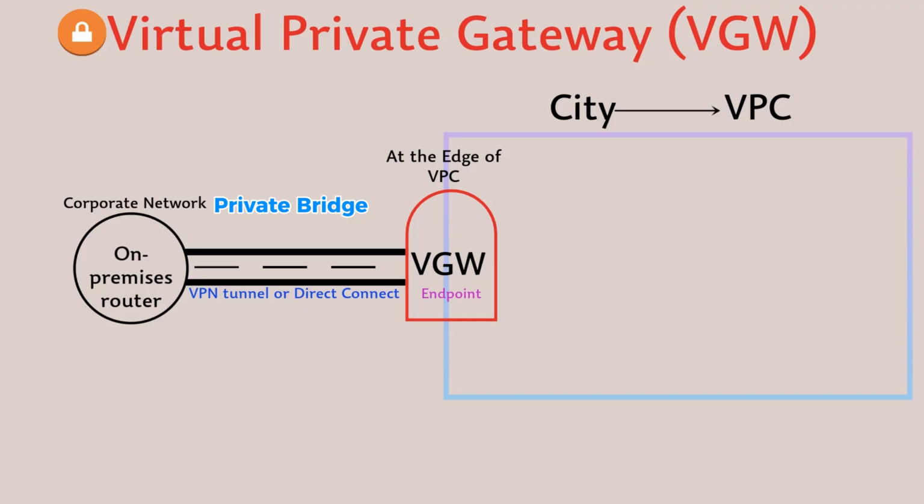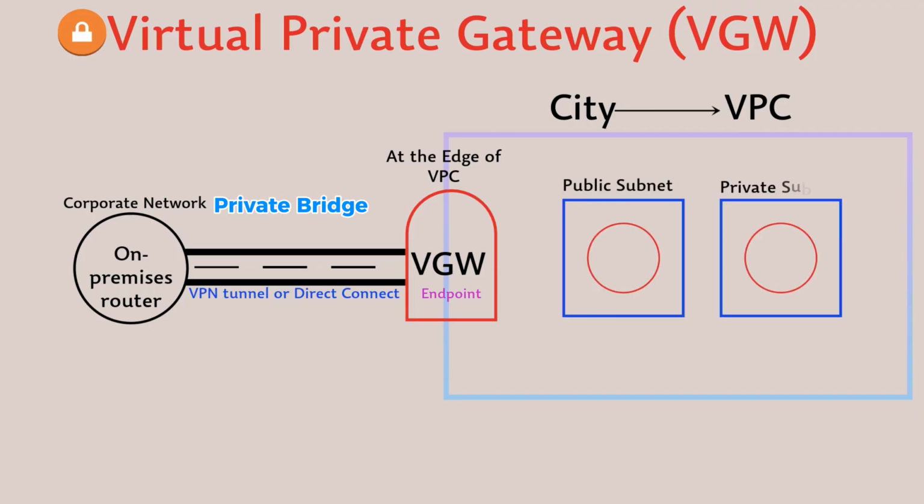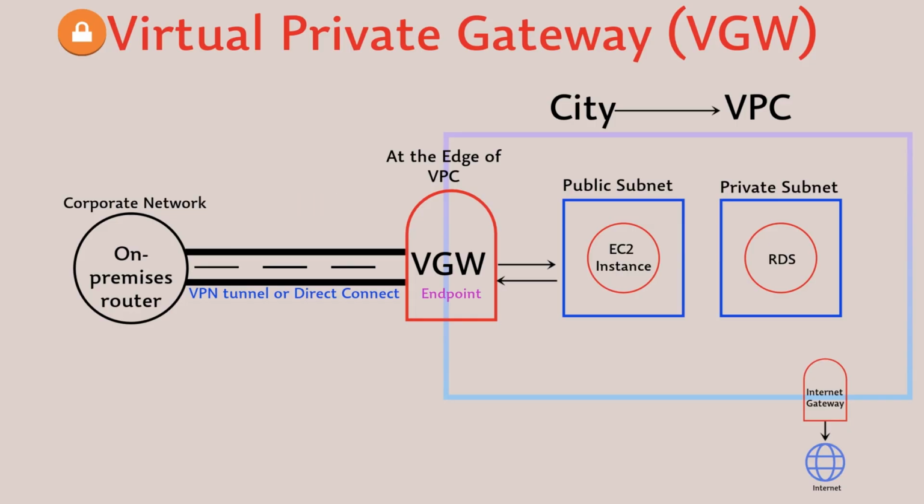This tunnel can be a VPN tunnel, which is a secure tunnel over the internet, or Direct Connect, which is a fiber cable. A virtual private gateway is attached at the edge of the VPC and is the AWS endpoint of a secure VPN tunnel connecting your data center to AWS.